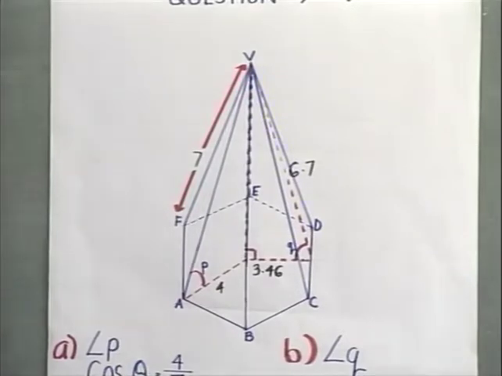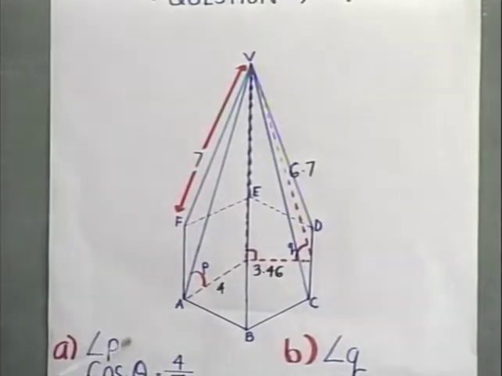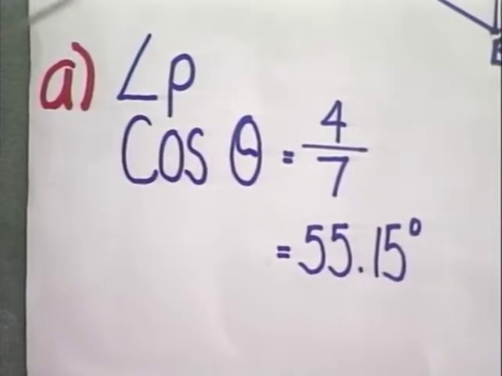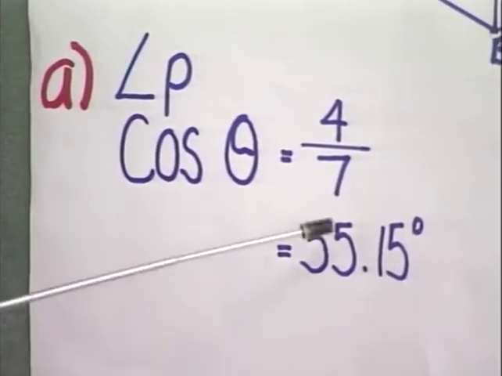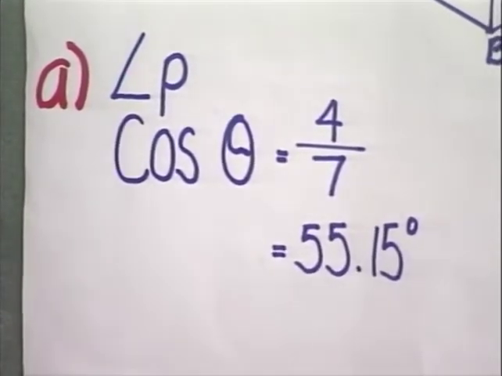She had to draw the diagram. The question asks us to find the angle P between VA and the base, which is this angle here. So to find the angle P, we use cos theta equals 4/7, which equals 55.15 degrees.